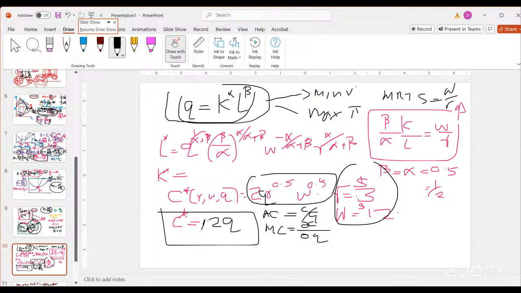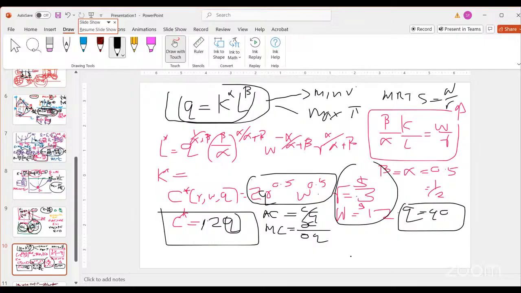Now, with a given output, for example, if you are given Q as, let's say, 40 or 50, you should be able to find the total cost also.